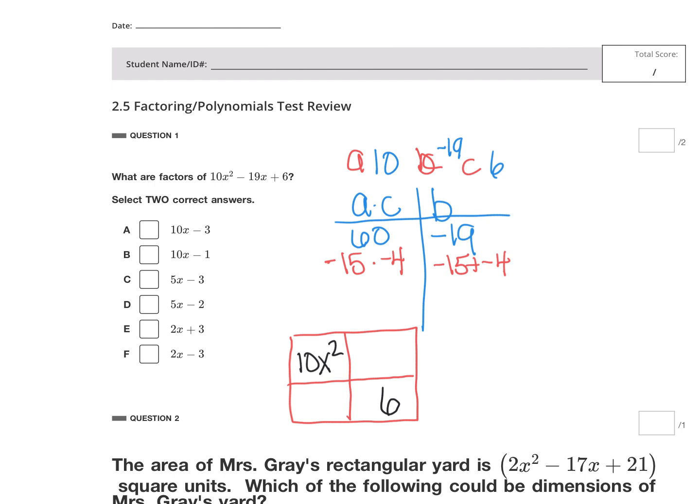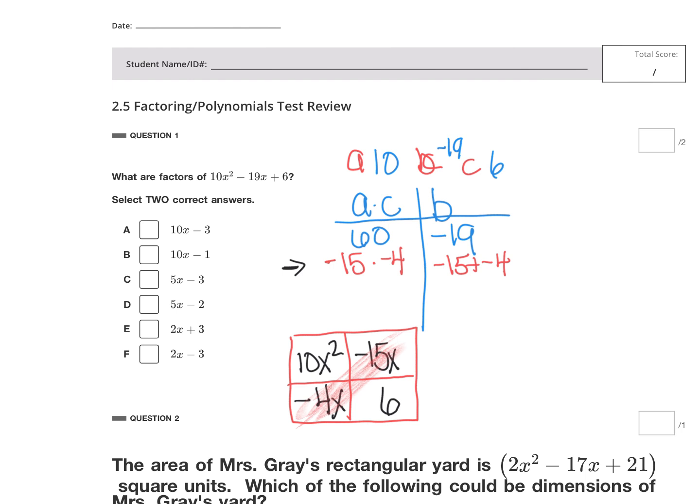And then in the corners is going to be these factors that I found. So I'll use negative 15, and remember, we got to attach the x, and negative 4 and attach the x. And the great thing about those corners is it does not matter which one goes in these corners here that I'm highlighting.